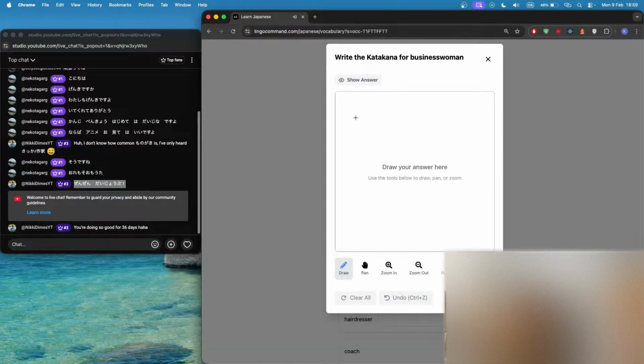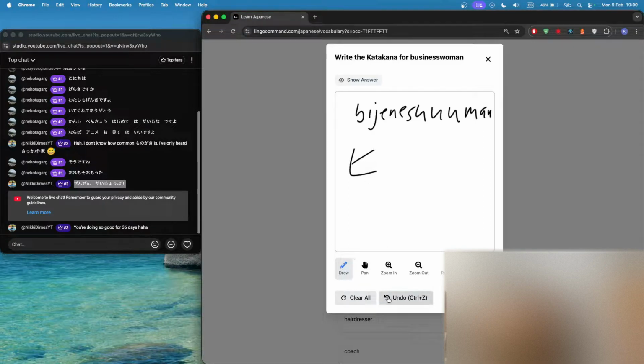Okay, this one is kind of tricky. So it's something like bijinesu uman. So here, this is he. That was incorrect stroke order. I think that comes first and then this. So this is he.